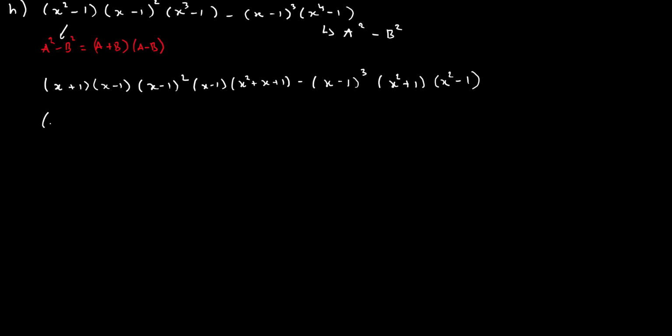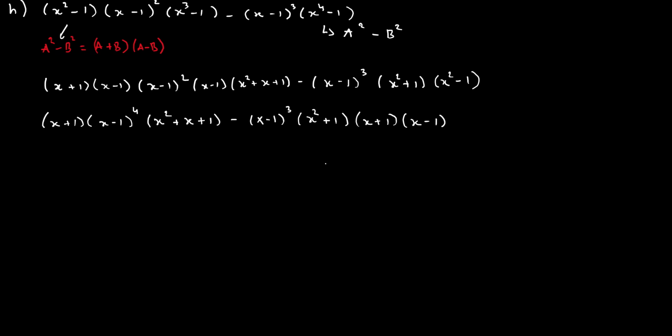So we can rewrite it completely again, and let's basically contract all of these things. So x minus 1 to the power of 4 times x squared plus x plus 1 minus x minus 1 to the power of 3, x squared plus 1, and this becomes x plus 1, x minus 1.